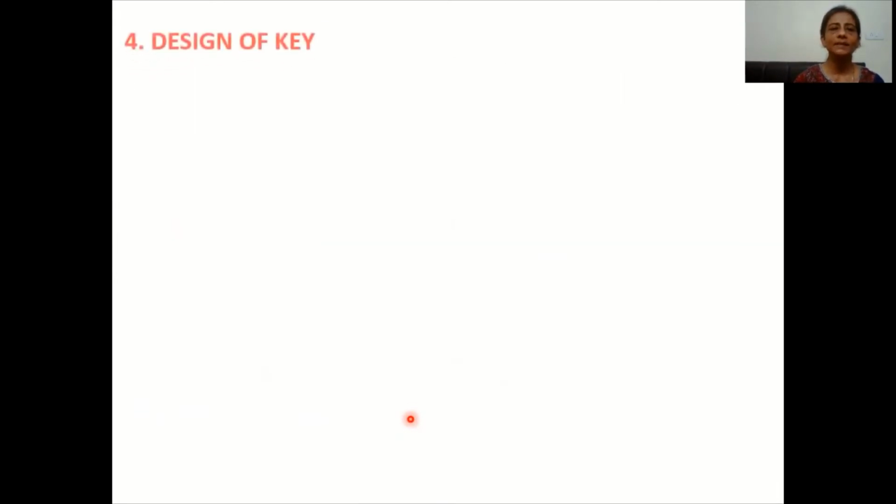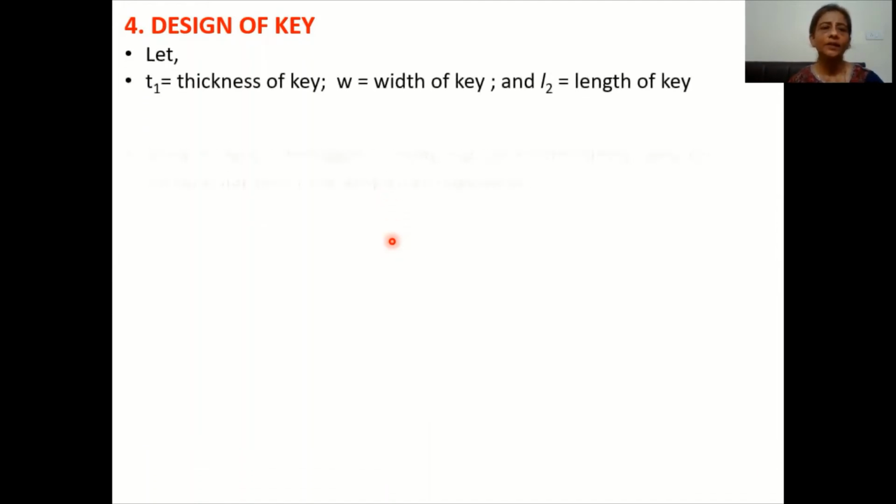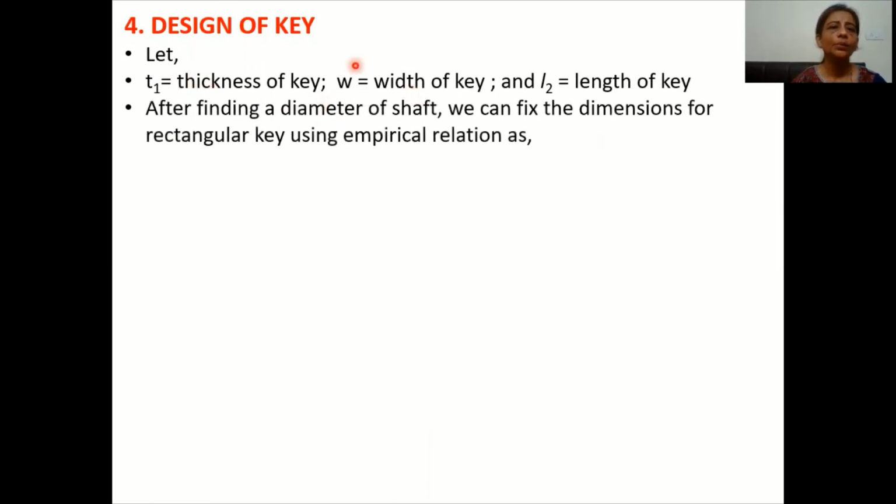Fourth step is the design of key. First we get the diameter of the shaft, and after that, based on the standard tables available in the industries, width and thickness of the key will be taken from the table as empirical relations, and we know that width of the key is W, thickness is T1 and length of the key is L1.